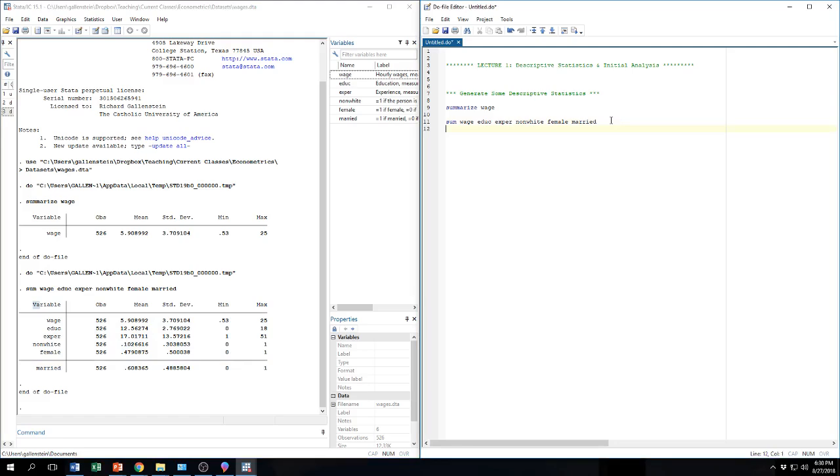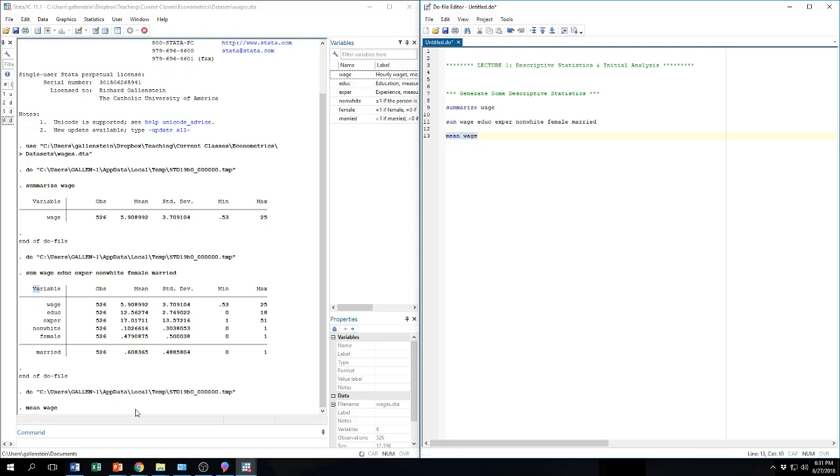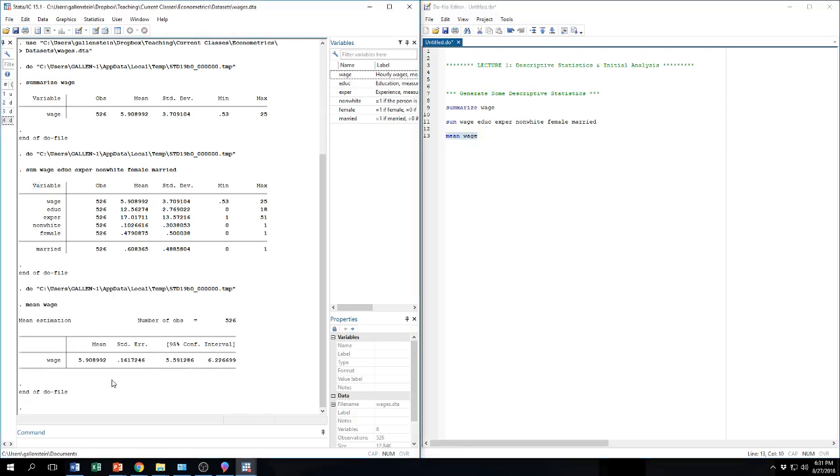Now, let's do another way of generating a descriptive statistic. We can also do mean. Mean will give us just a little bit of different information. Let's do mean wage. Let's run that code. Okay. Now what this does is this gives me, again, the average wage, but now it reports to me the standard error.